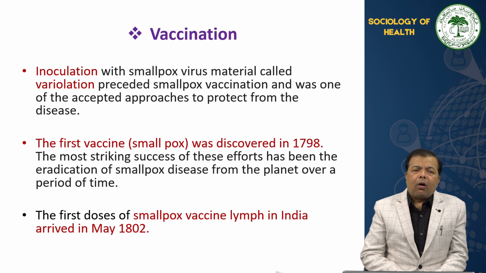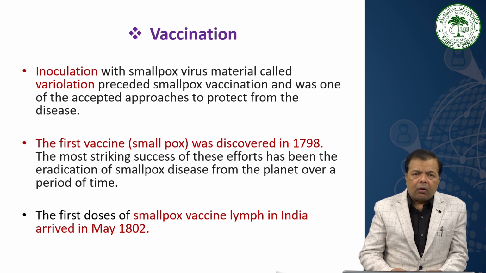So, what is basically vaccination, and how did we arrive at the stage of vaccination? Before vaccination, there was a practice of inoculation, right? And along with inoculation, some new techniques emerged where some kind of engagement with viruses was also taking place.